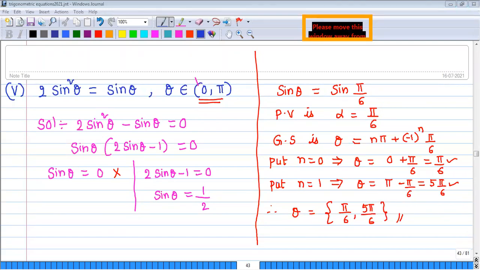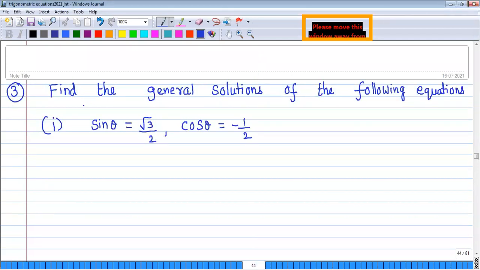Okay, shall I move to next question? Yes, sir. So now find the general solutions of the following equation. That means simultaneous equation of both equations we need to solve. Sin theta is equal to root 3 by 2 and cos theta is equal to minus 1 upon 2.